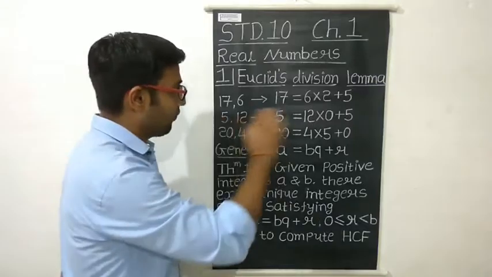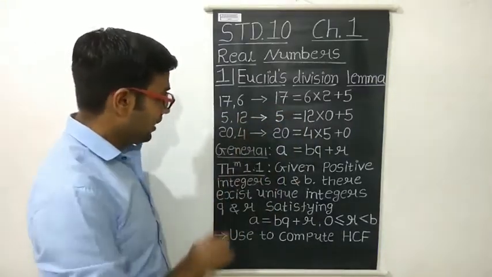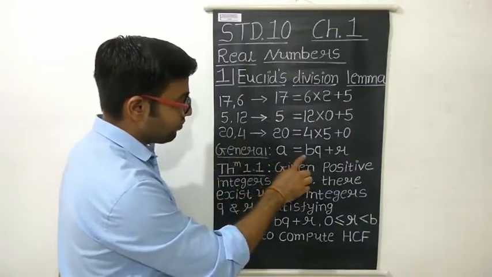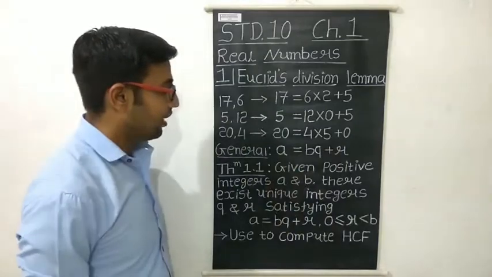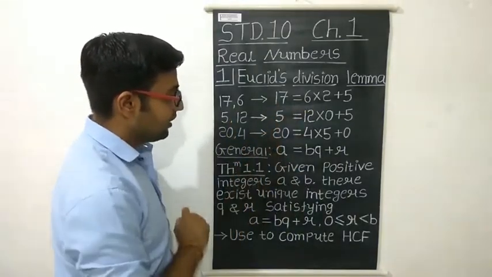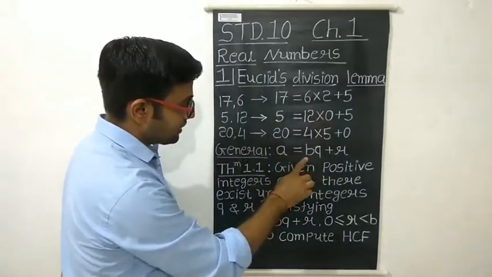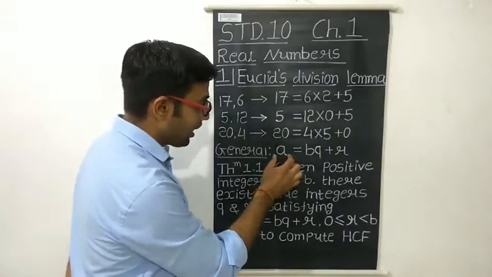So in general form, we can write A equals BQ plus R. For the three cases, our A is 17, 5 and 20, and our B is 6, 12 and 4. So what are A and B?